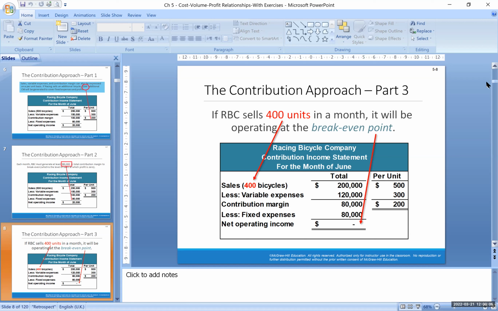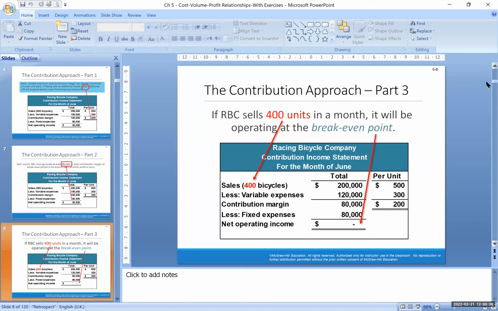The sales, or sales revenue, again, I'm repeating just to emphasize that sales is the same as sales revenue, will be calculated from how many units we sell: 400 units times the price per unit, which is $500, and the total will be $200,000 in total sales. Okay?